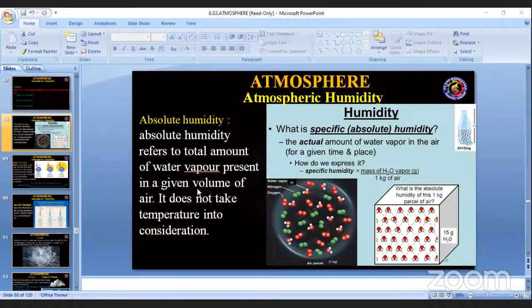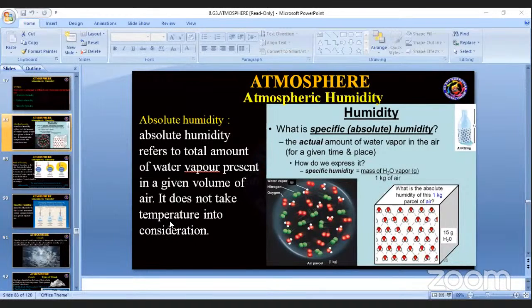It is mentioned here: the total amount of water vapor present in a given volume of air for a given time and place. This is 1 cubic meter. In this 1 cubic meter, identifying how much humidity is there is called absolute humidity.